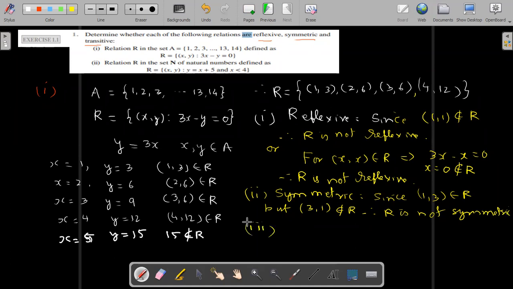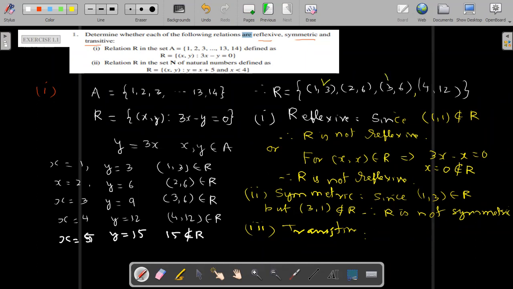Transitivity. For transitive, we have to check (1, 3), (3, 6).